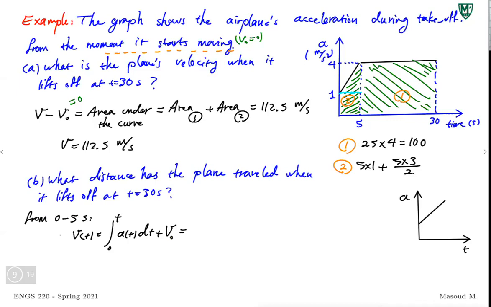For this line, you know this is 1, you know this is 4, and this is 5. This is the part that we're focused on, because that's the part where acceleration is a function of time and it's not constant. So how do I find acceleration as a function of time?